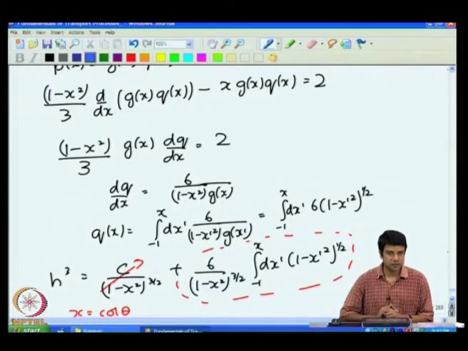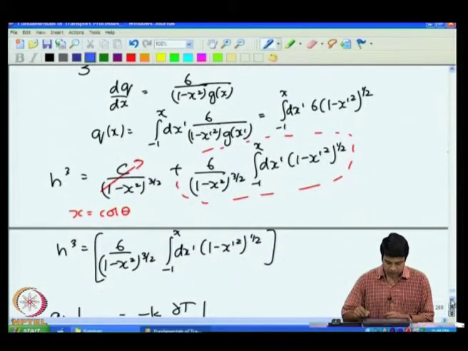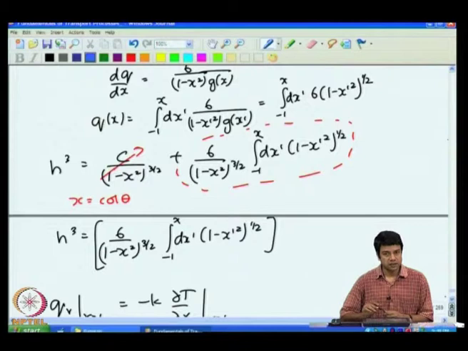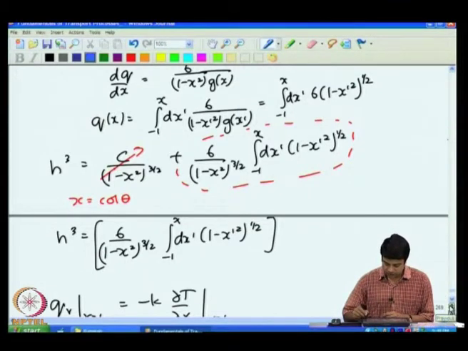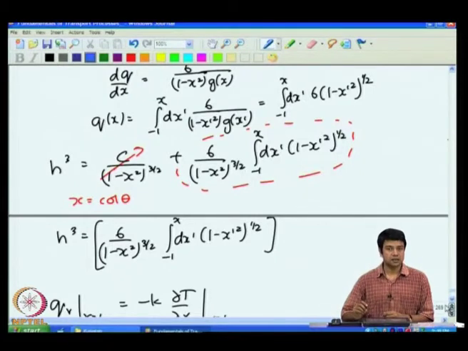I have only one constant in this. I can choose that constant to make h cubed finite either at the upstream or the downstream stagnation point. If I choose the constant to make h finite at the upstream stagnation point, then this constant c has to be equal to 0, and I get a solution for h cubed, and this solution, as I showed you, will tell you that the boundary layer thickness h is going to infinity at the downstream stagnation point.